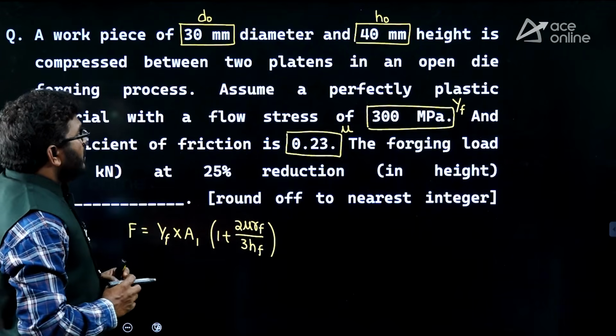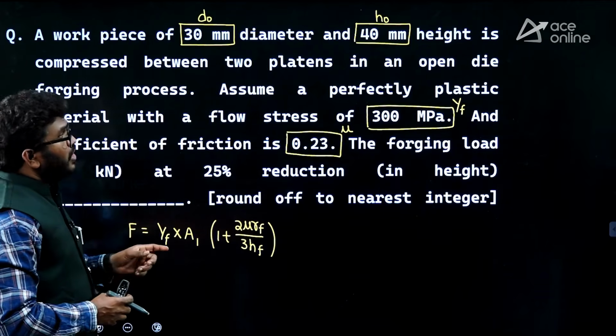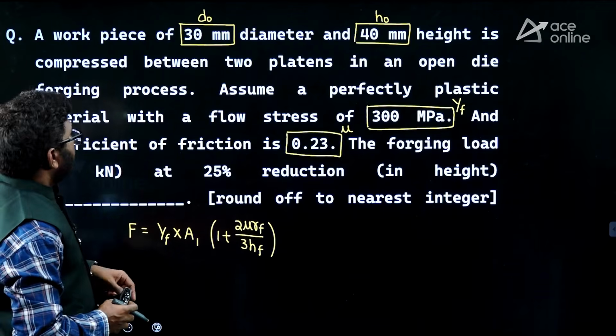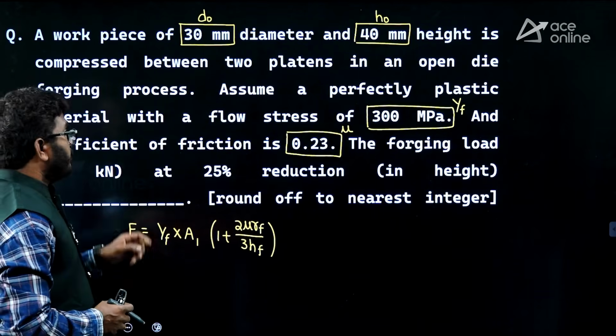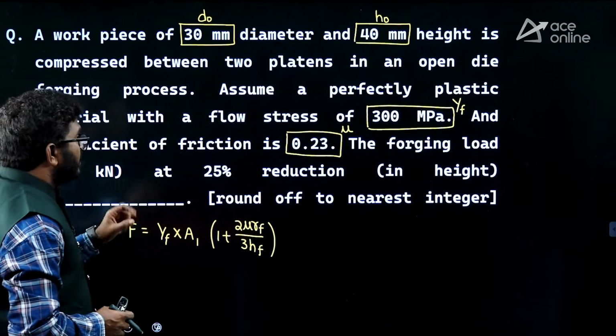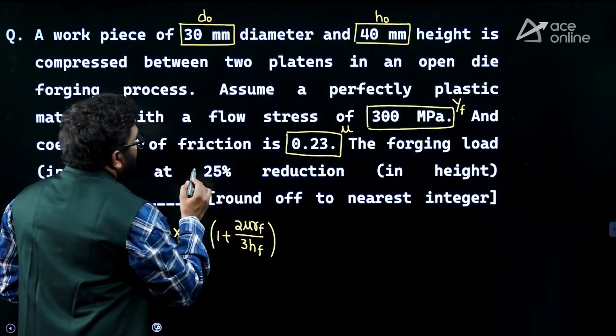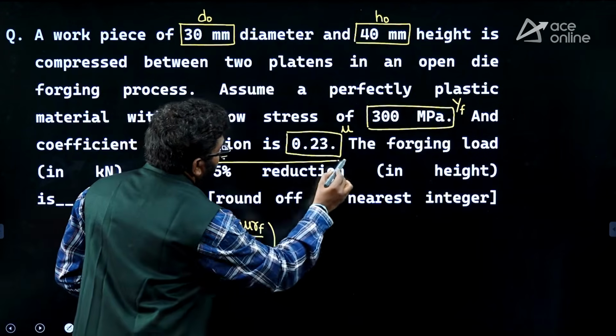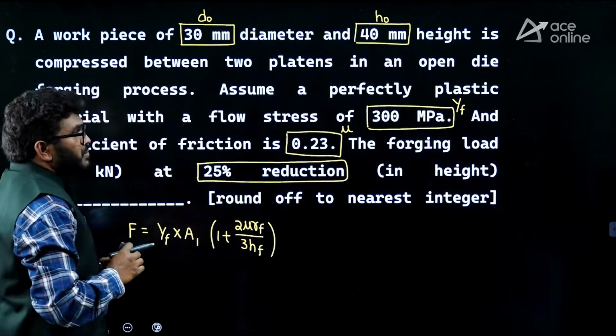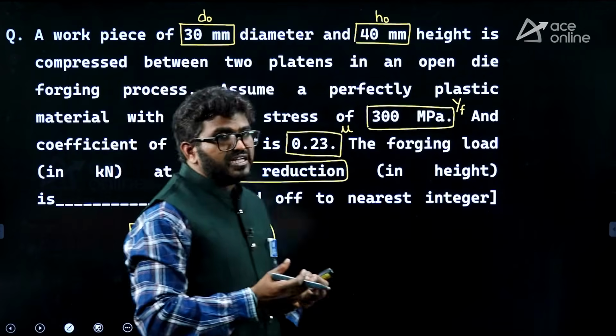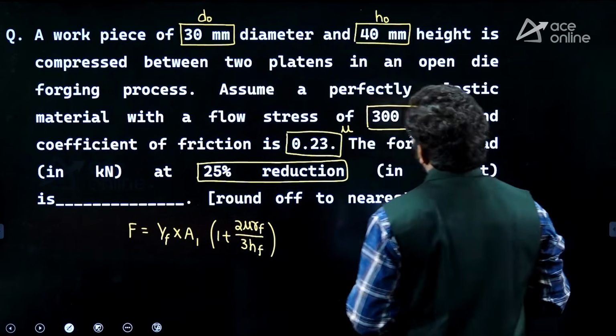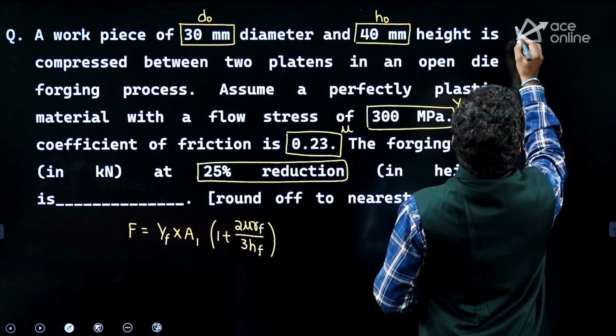Here they have not given the final diameter, and even the final height is not given, but they said 25% reduction in height. That means 75% is left.